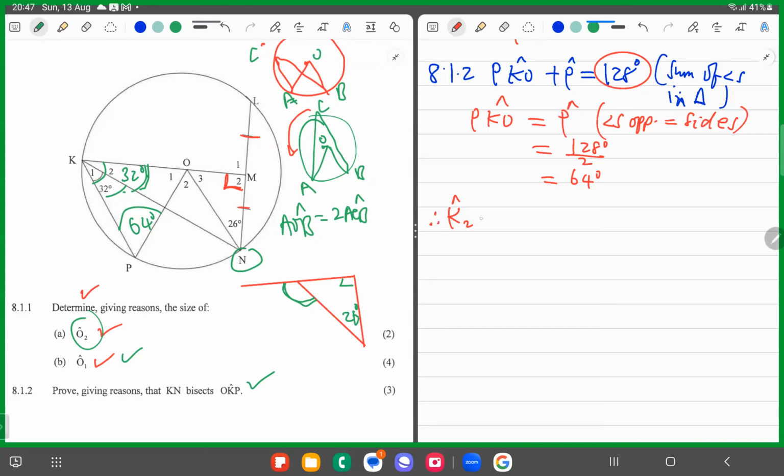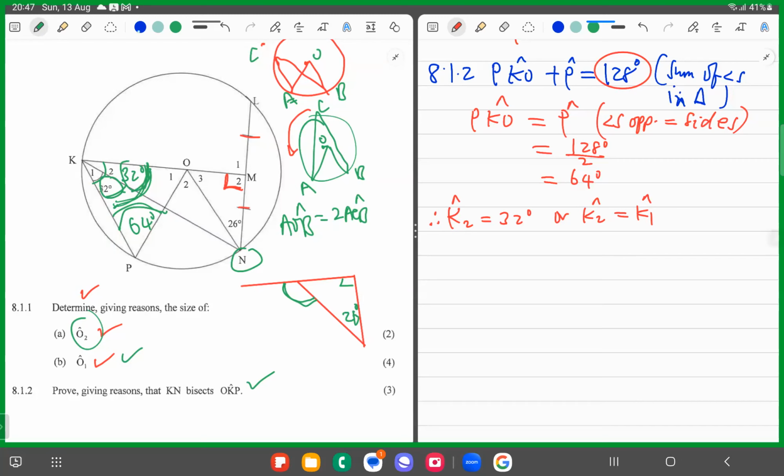If this is 64 and this is 64, but this is already 32, this can only be 32 degrees. Okay, K2 equals K1. You can say K2 is 32 degrees or K2 equals K1.